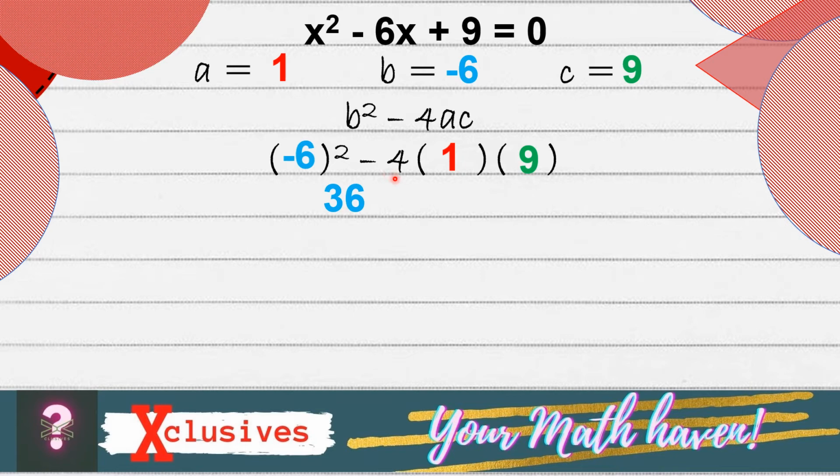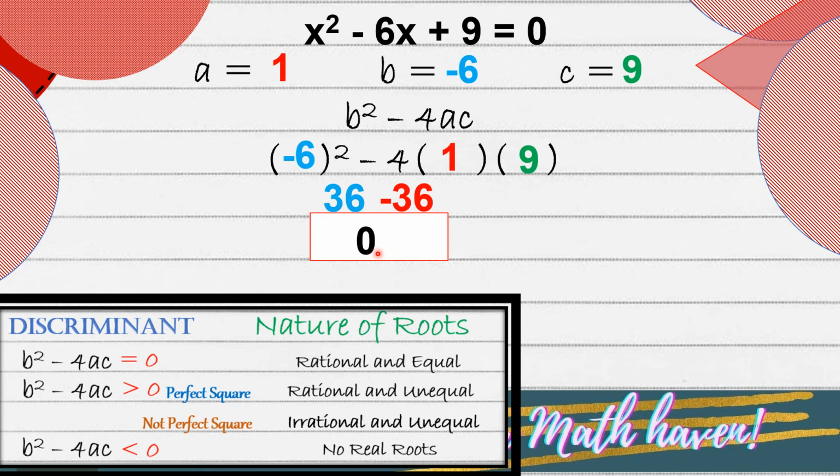Next is negative 4 times 1, that is negative 4, times 9, that is negative 36. So 36 minus 36, that is 0. And this is our discriminant. And looking again at our summary, our discriminant is equal to 0. So therefore, our nature of roots is rational and equal.